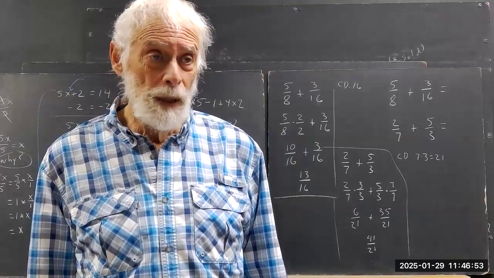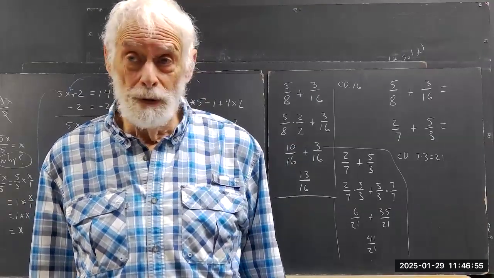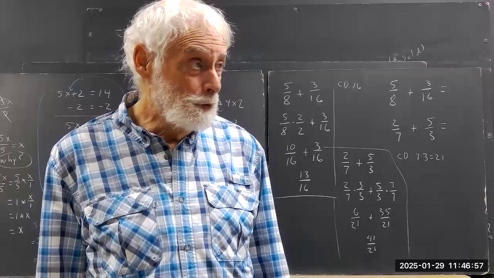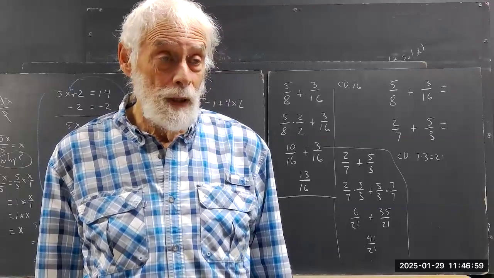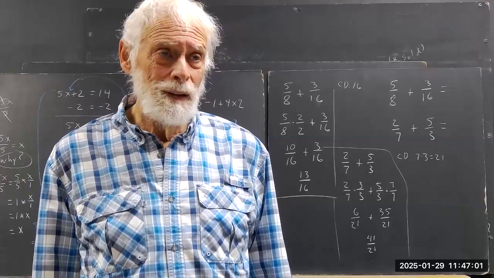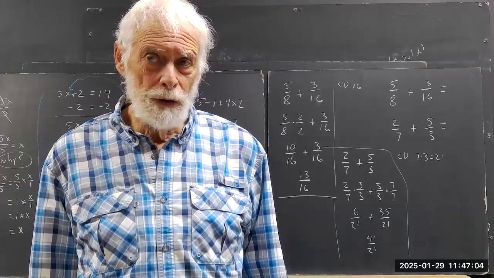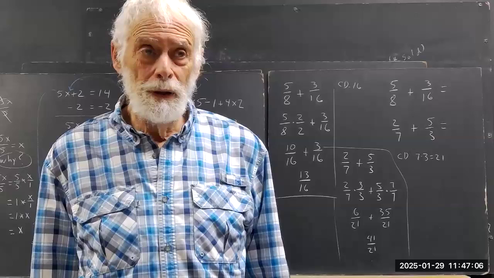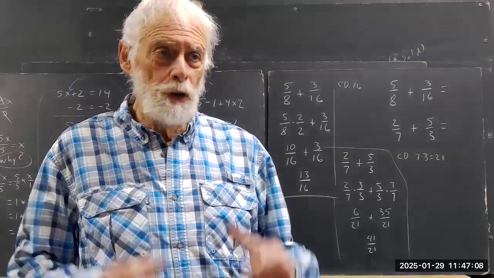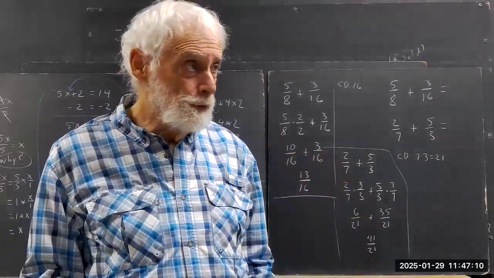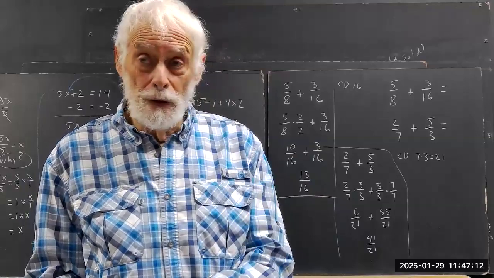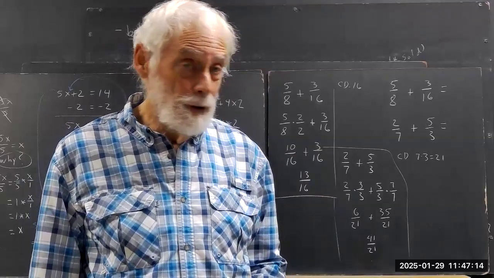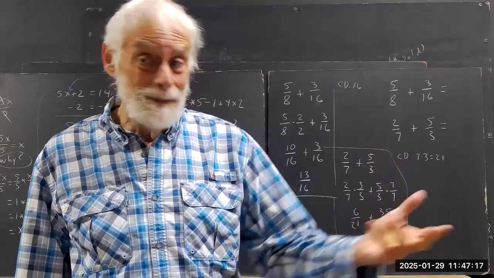Don't wait for OpenMath to tell you you made a mistake and take a couple tenths of a point off. Check it. Not on every problem, but on the problems you're not totally confident of, because you learn more if you check and then go back and discover your mistake. OpenMath isn't going to tell you what mistake you made. It'll just tell you, no, that's wrong, try again.